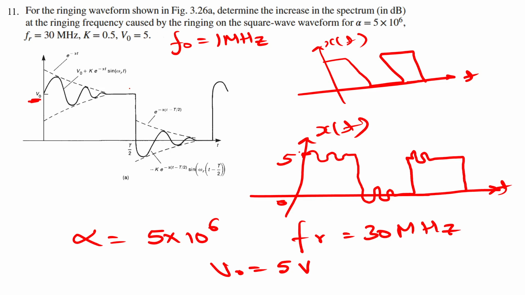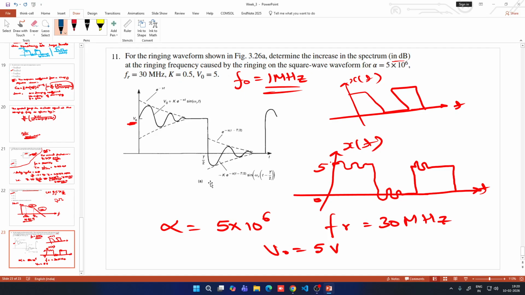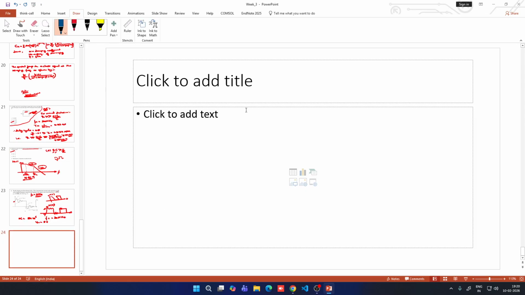F naught is the frequency of this square pulse, which is 1 megahertz. Now in this problem we have to find the increase in the spectrum at the ringing frequency, in decibels. I hope the problem is clear. If you have any doubt in the problem, like what it's trying to ask, please let me know. If the question is clear, we will move on to the solution. So in the problem, alpha is given as 0.5 into 10 to the power 6.